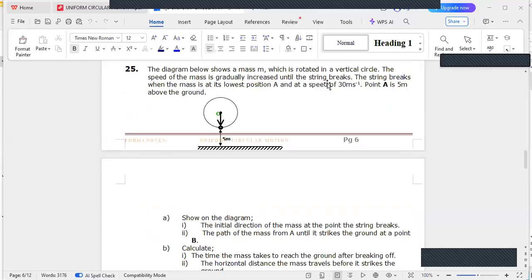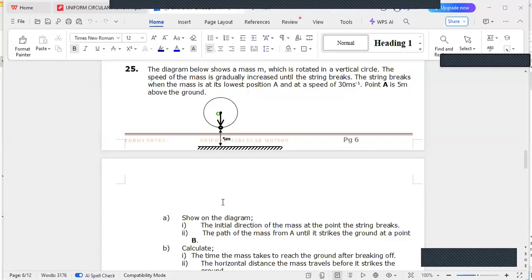Of course, the string will break at this position. The string breaks when the mass is at its lowest position A and at a speed of 30 meters per second. Point A is 5 meters above the ground. Show on the diagram the initial direction of the mass at the point the string breaks.